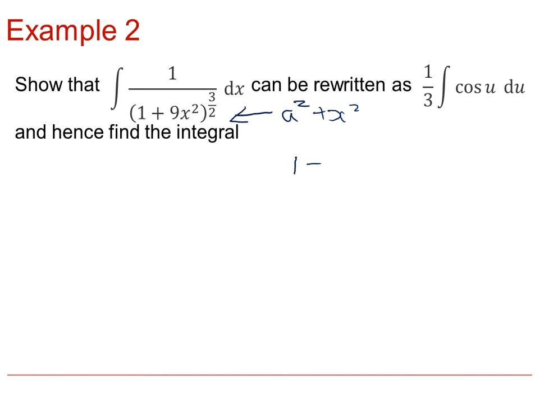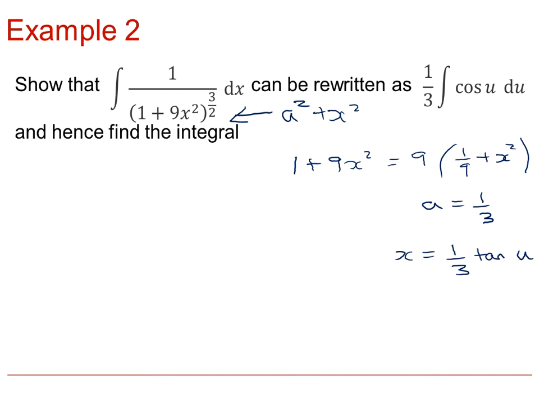Start by rewriting 1 plus 9x squared as 9 times 1/9 plus x squared. Then I can see that a squared is 1/9, and so a will be a third. And I'm going to use x equal to a third tan u. This will give me dx by du as being 1/3 sec squared u.